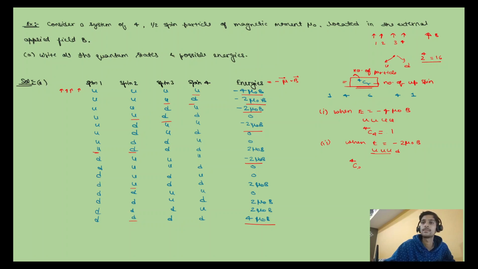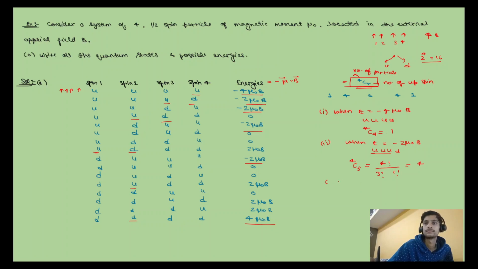So you can arrange them by 4C3, right? So what will be the 4C3? That will be 4 factorial divided by 3 factorial and 1 factorial, right? So that will be equal to 4 ways. So you can arrange this particular combination in 4 different ways. And then similarly you can do it for when the energy is how much? This is 0.